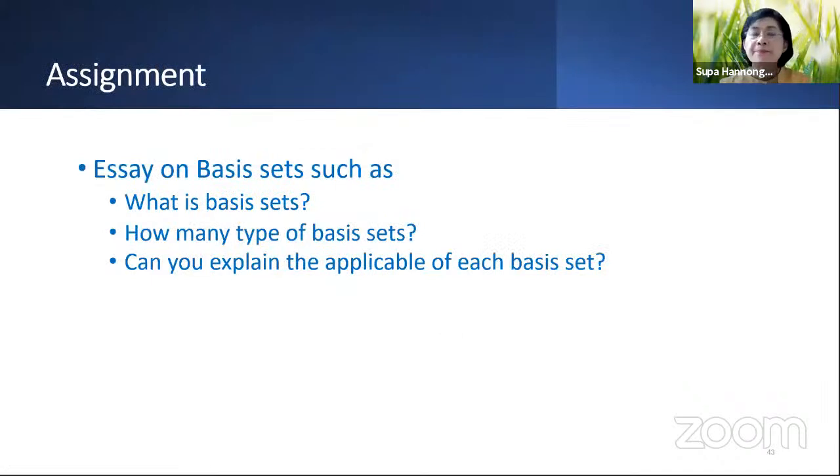So at the end, Mita and all, I do hope that the students may try to understand what a basis set is and how many types of basis sets there are. You can read more from books or from online information, and try to summarize it. It would also be nice if you can explain the applicability of each basis set.